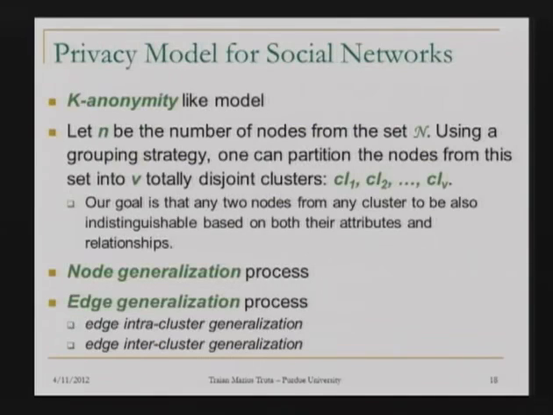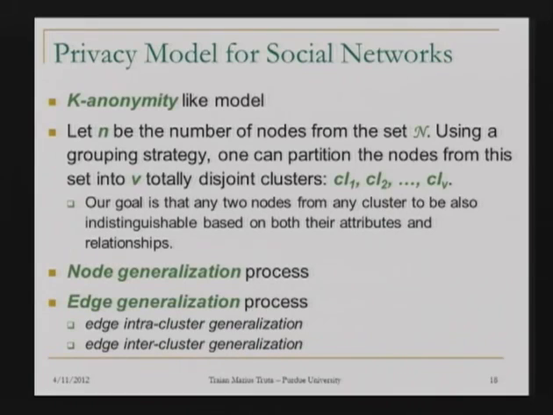Now, our goal is to create, as I said, the K-anonymity-like model. And K-anonymity means you want to create those groups of K tuples that are indistinguishable from each other. And in our example, as I said, K is equal to 3.